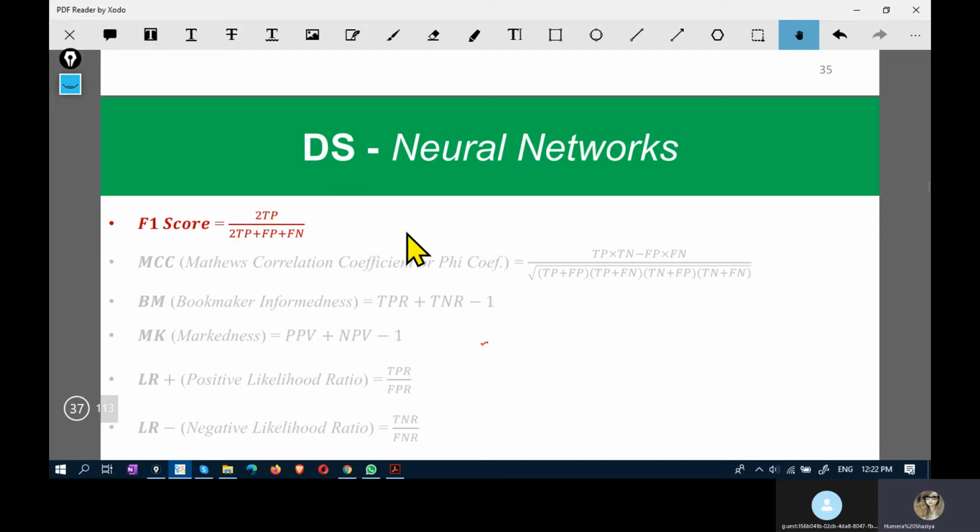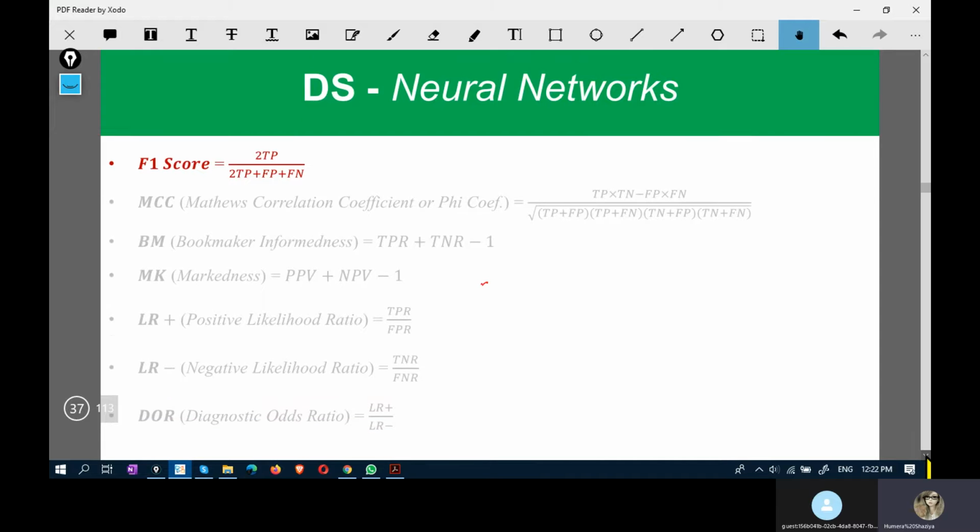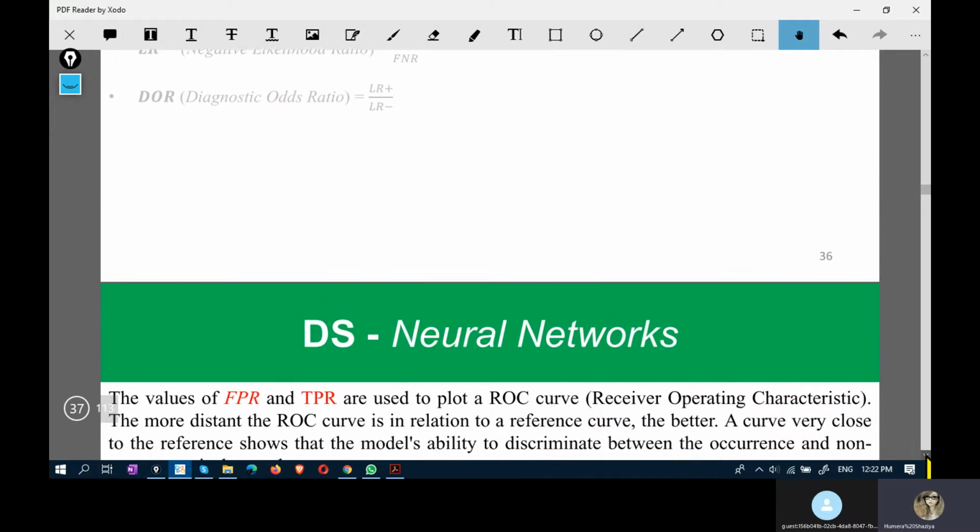F1 score will give you a balanced estimation. F1 score is 2 into true positive by 2 into true positive plus false positive plus false negative. This equation also you should remember. And remember that F1 gives a balanced estimation of the model.